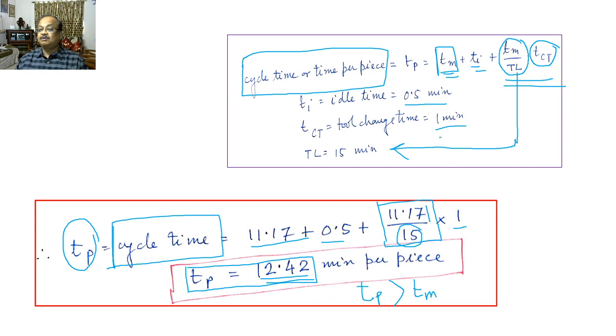Why is it more? Because in cycle time there are other components. One is idle time, another one is the number of times you change your tool, multiplied by the tool change time. So expectedly it has come out to be 12.4, where this one is 11.1.